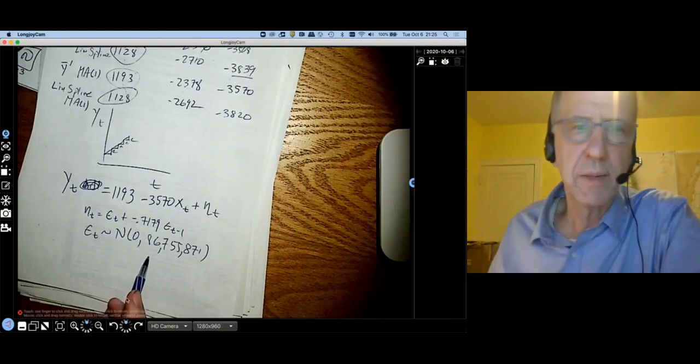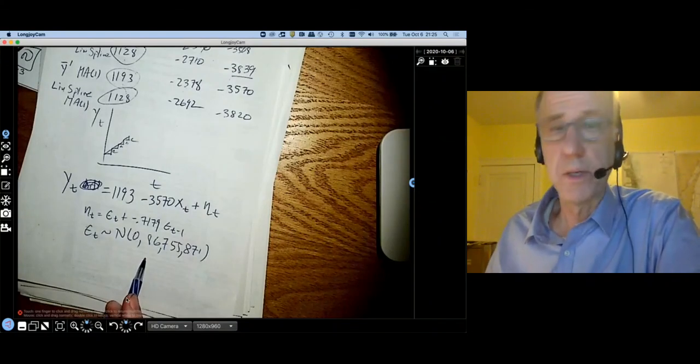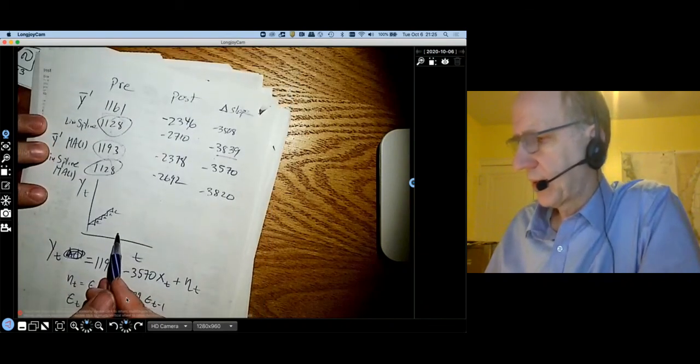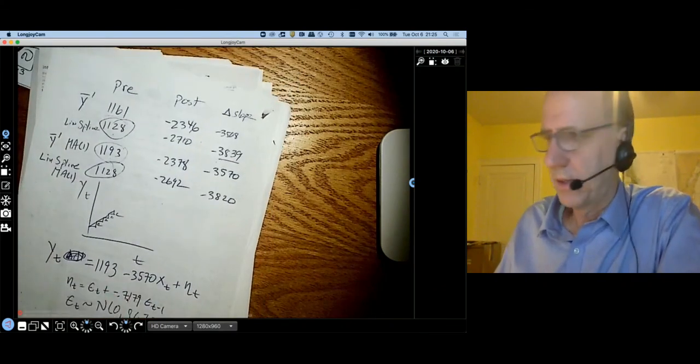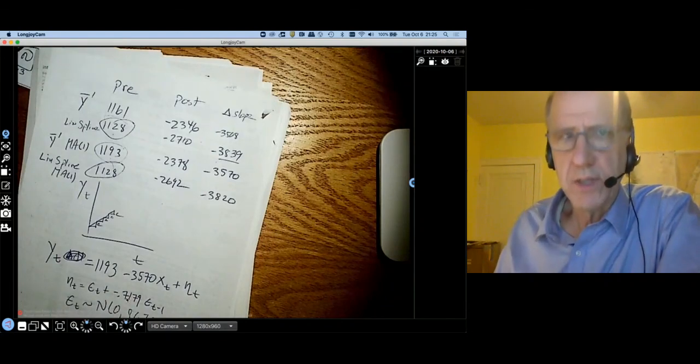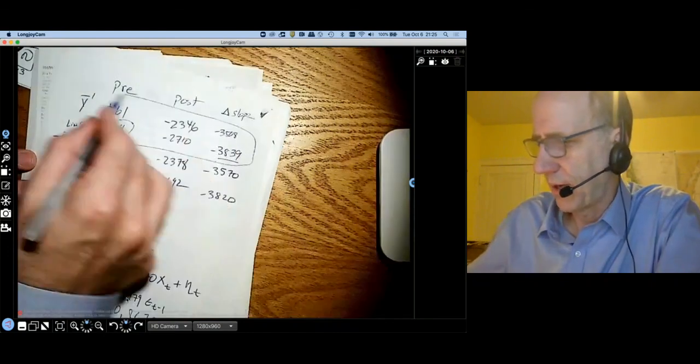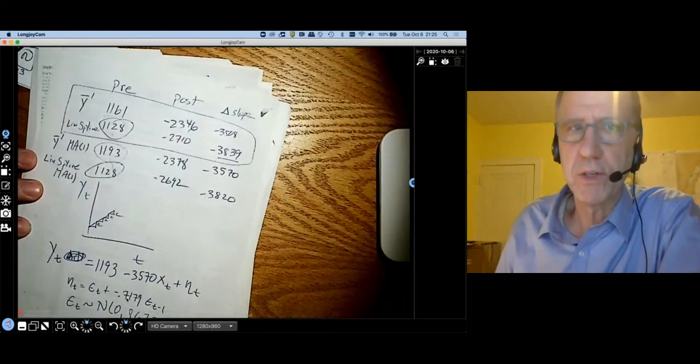You could do this exact same thing with our linear spline model. But what I'd like to emphasize again is start simple. I think these two models are really easy to understand.